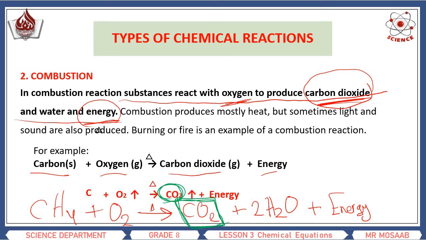Any other oxides like sodium oxide, lithium oxide, magnesium oxide in the oxidation. But in combustion, you must find carbon dioxide and of course energy will be produced. So burning or fire is an example of combustion reaction. Okay.